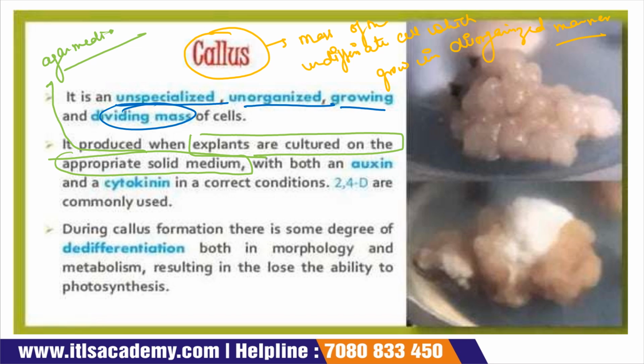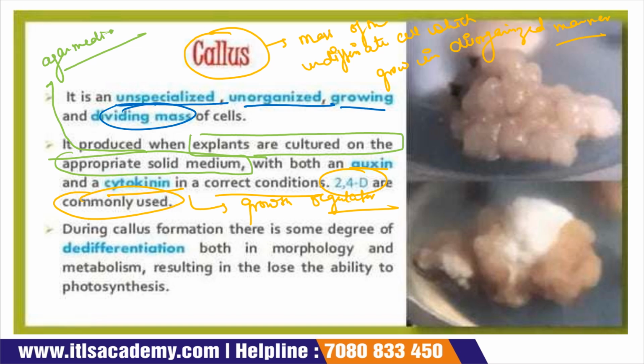So when we culture an explant in a media along with auxin and cytokinin, which are growth regulators, in the correct condition, where 2,4-D is commonly used, then callus forms.